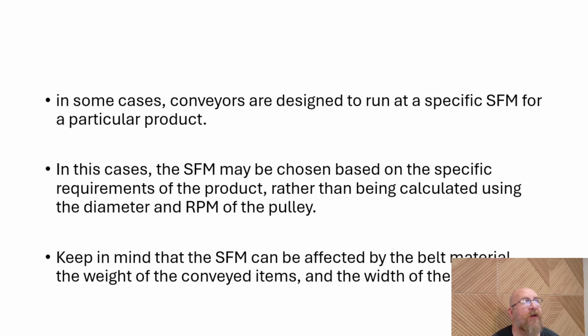In some cases, conveyors are designed to run at a specific SFM for a particular product. In this case, it may be chosen based on the specific requirements of the product, how fast it's going past a labeler or a printer in whatever plant you're working with, rather than being calculated using the diameter and RPM of the pulley.